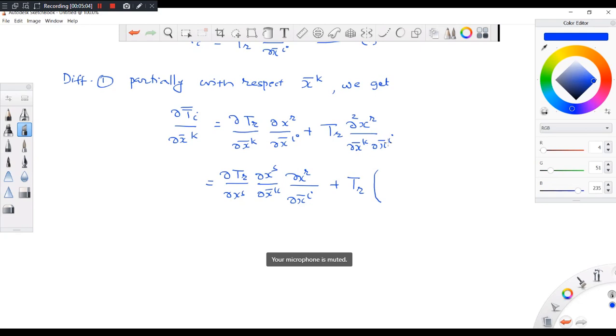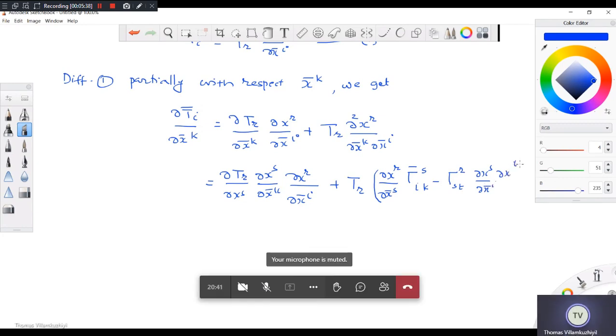The superscripts may be different, but look at the second derivative. So I can put it in this form: del x r by del x bar s into gamma bar of s i k, minus gamma r s t, del x s by del x bar i del x t by del x bar k.